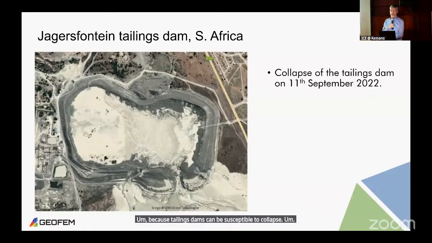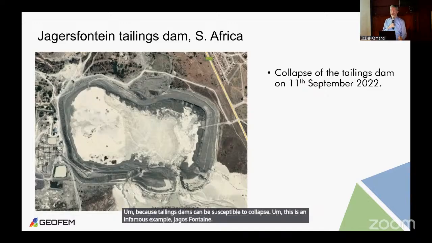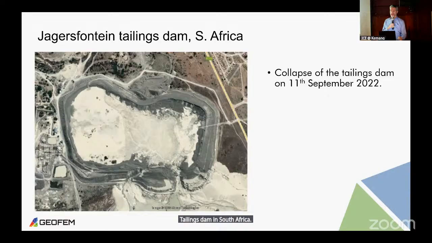This is an infamous example, Jagersfontein tailings dam in South Africa that collapsed in September 2022. And you can see the breaches of the dam down the bottom right and in the middle, which unfortunately led to the tailings escaping into the local environment, causing some deaths locally and a lot of environmental damage.